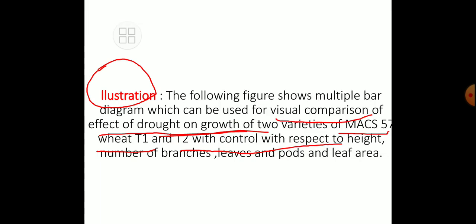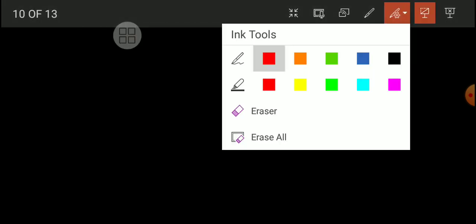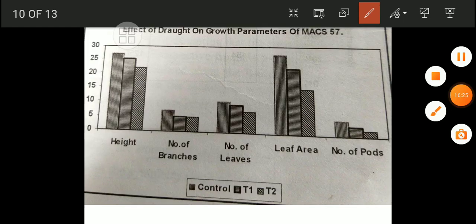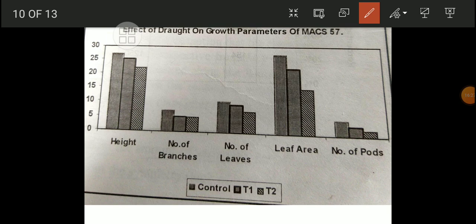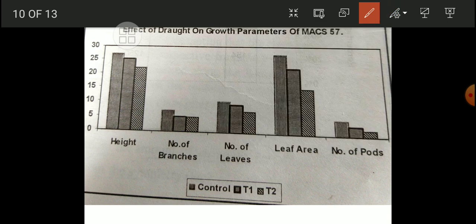Here we will be able to see how these figures give us idea about comparison between the data.